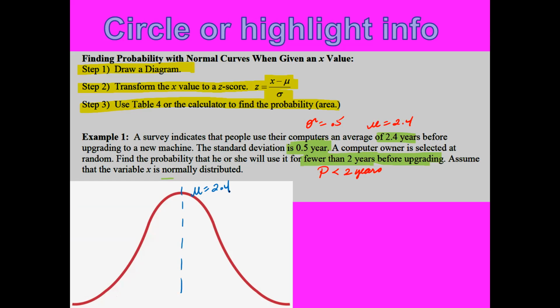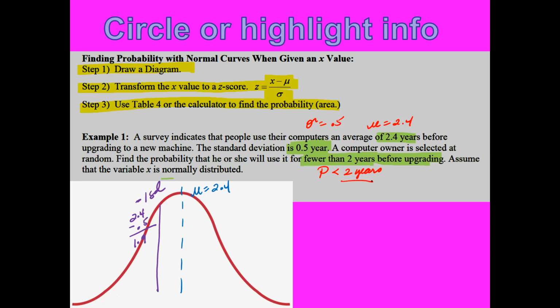So at 1 standard deviation below the mean, it will be 2.4 minus 0.4, I'm sorry, minus 0.5, which will give you 1.9. So 1 standard deviation is going to be 1.9.